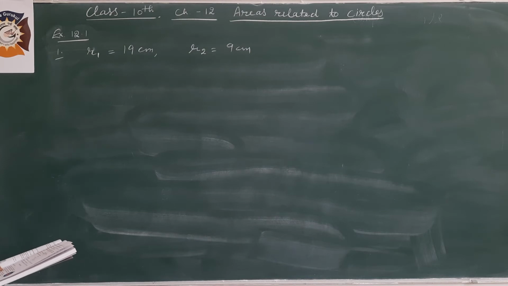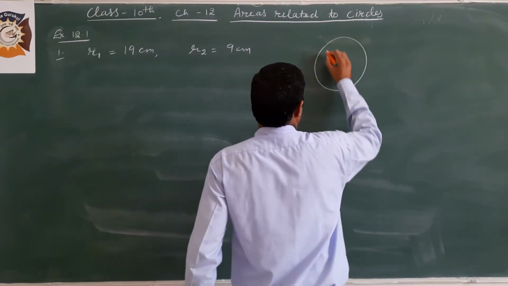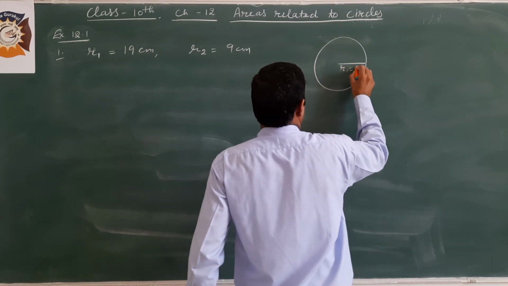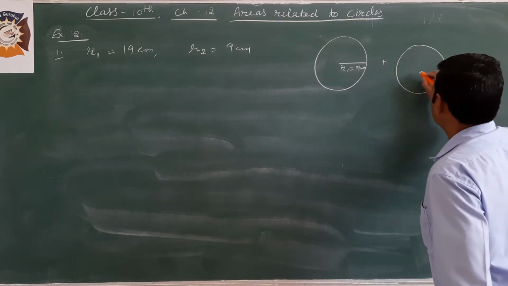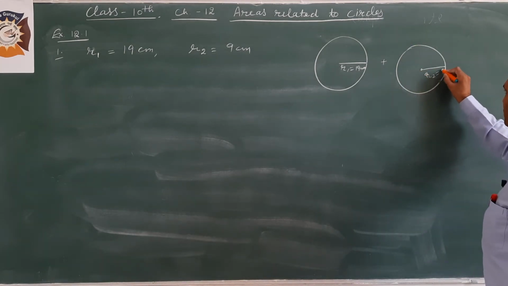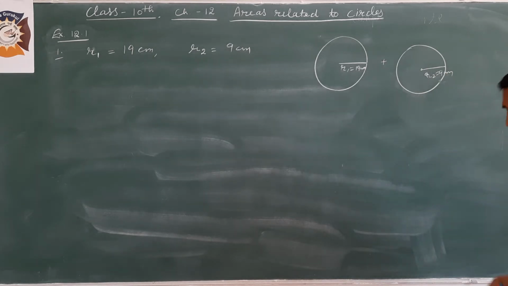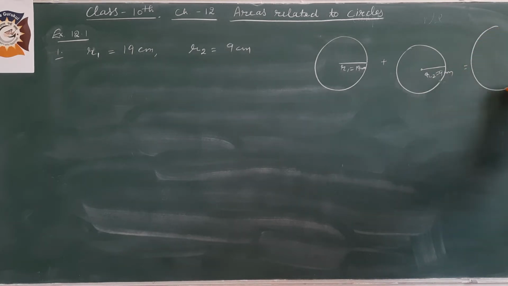Find the radius of the circle which has circumference equal to the sum of the circumferences of the two circles. Two circles are given. The radius of one R1 19 centimeter and another circle of radius R2 9 centimeter, and the third circle whose circumference is equal to sum of the circumferences of these two, and the radius of the circle is r. We have to find the radius of this circle.